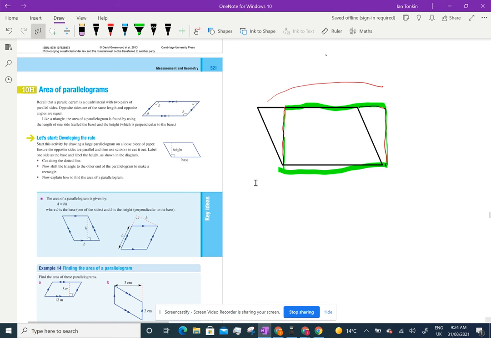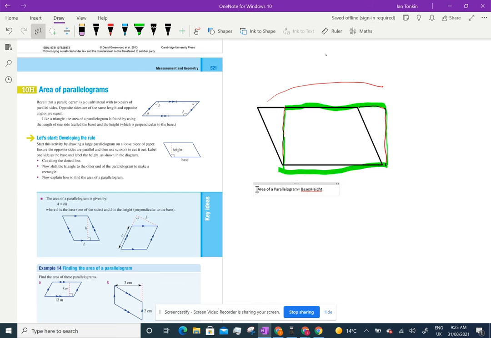So the area of, and you need to make your own notes, parallelogram equals base times height.